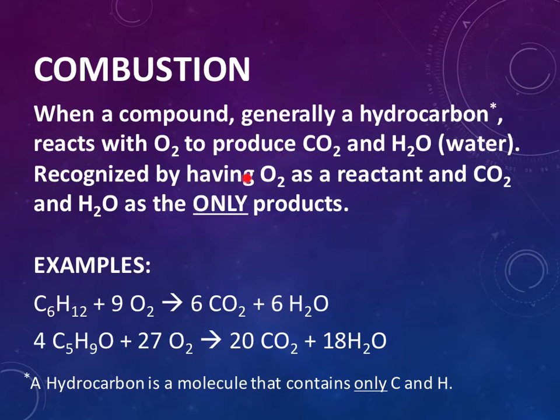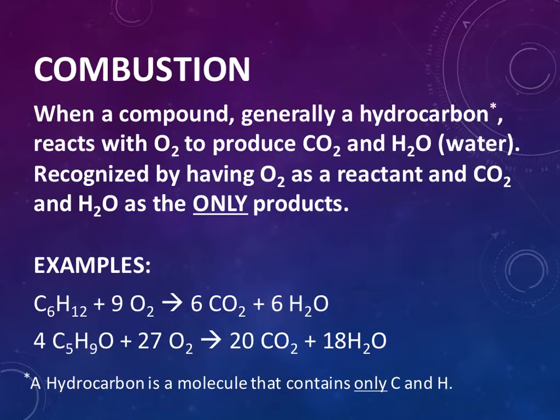You have to have oxygen as one of the reactants, and you must have CO2 and water as the only products, right? If you have something else as one of the products, then you either have an incomplete combustion reaction or another type of reaction, right?